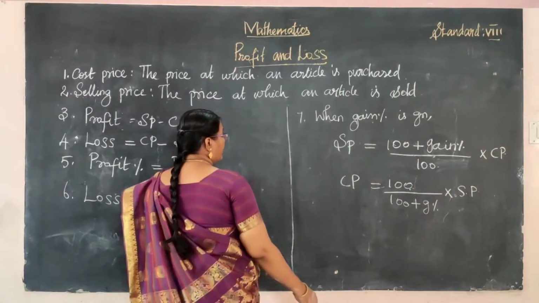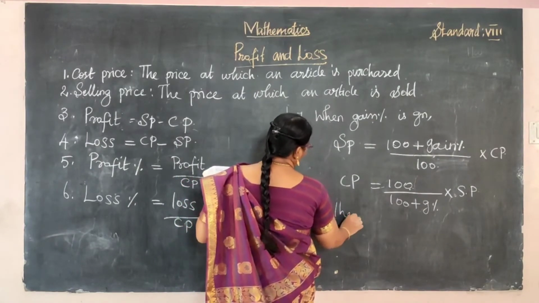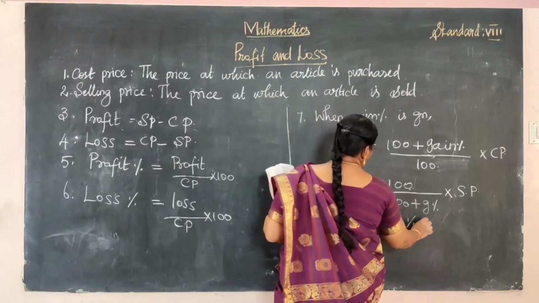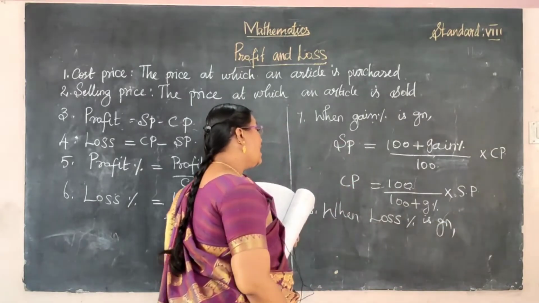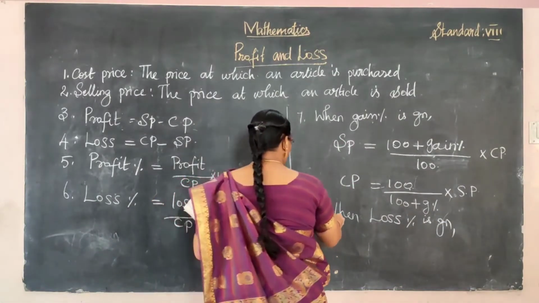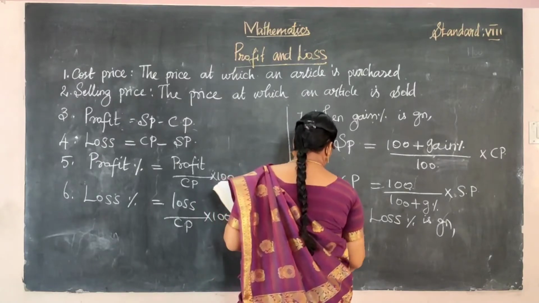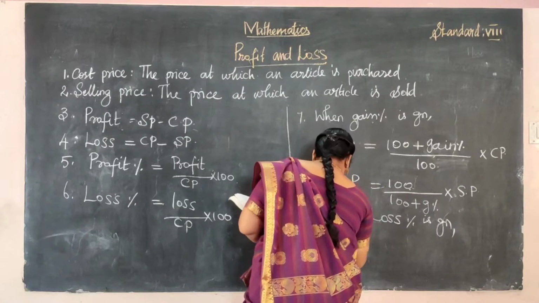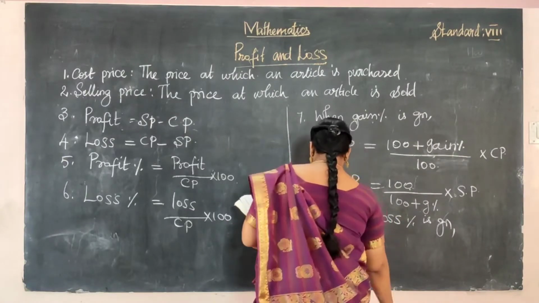And next, when loss percentage is given, it is the same. First we are given the cost price, and we find the selling price.